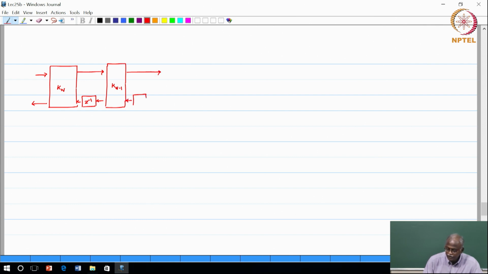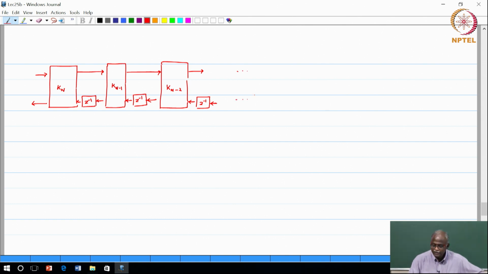This would be z inverse, this would lead to kn minus 2, and so on, on the numerator and on the denominator side, and the last stage I will call k1.